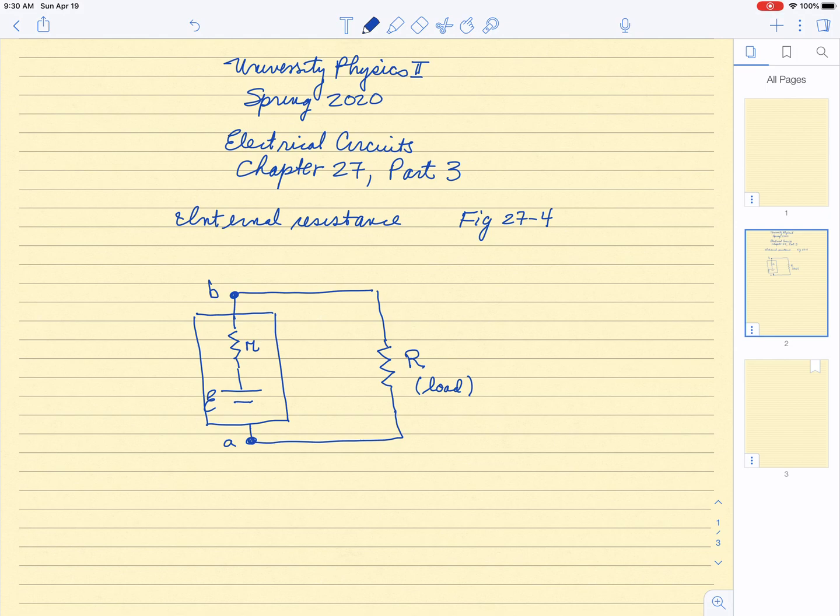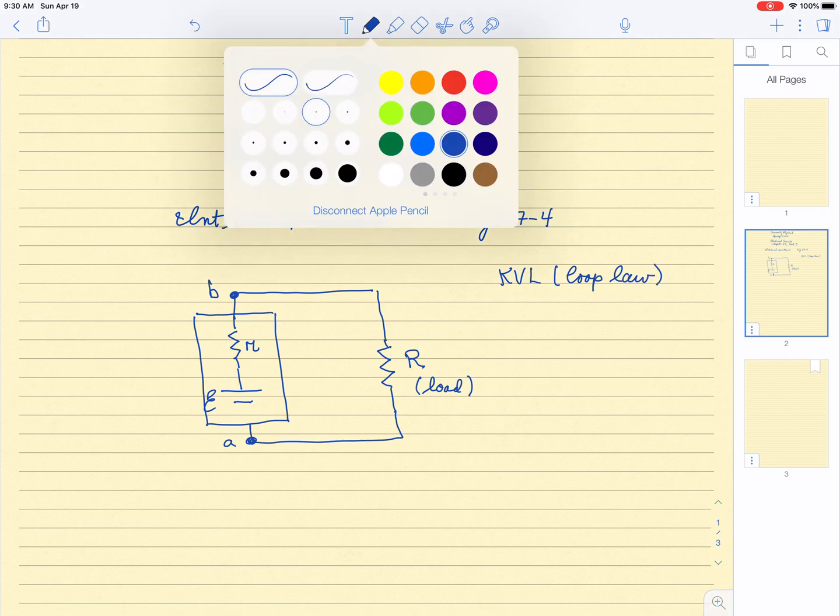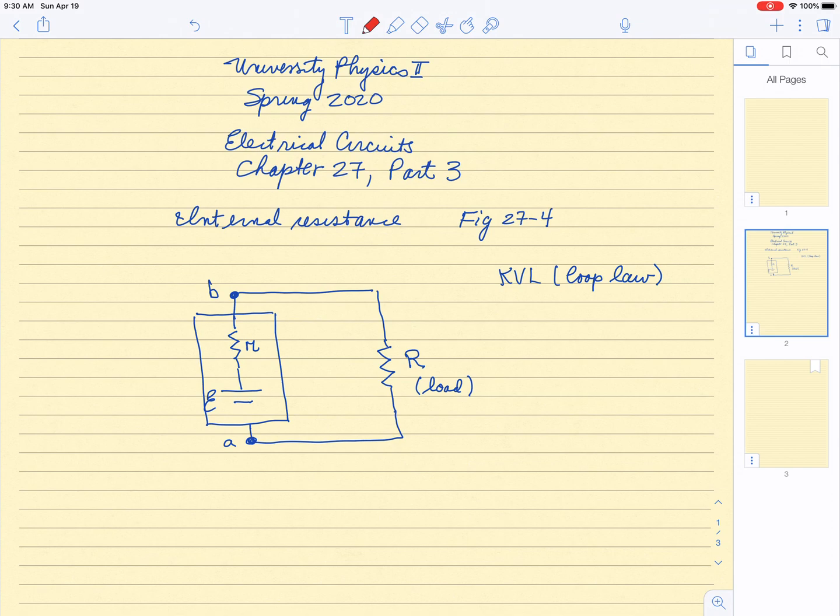But let's use Kirchhoff's voltage law, or the loop law, and let's go around this circuit in this direction.